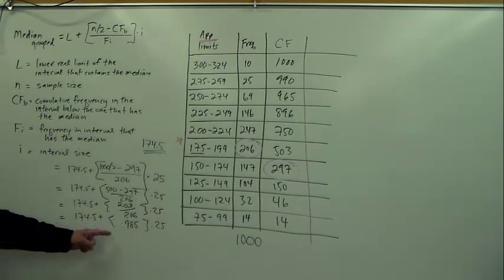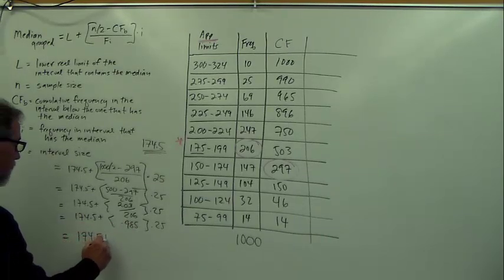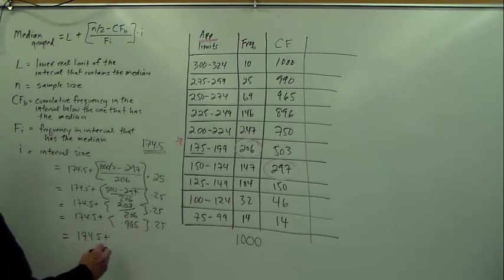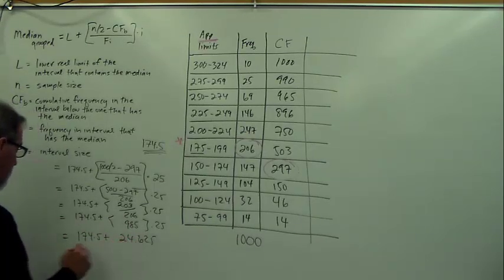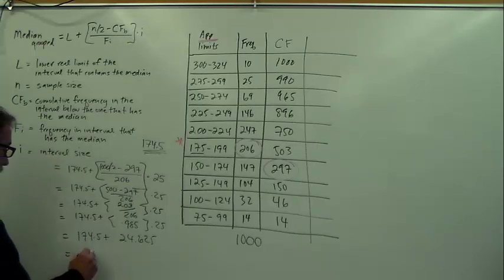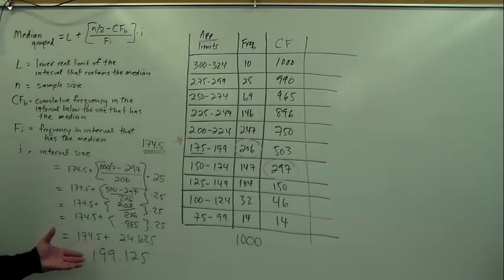And make sure you do the proper operations here. Remember, we always multiply before we add here. So 174.5 plus these two right here is 24.625. And then we add the final two together to get 199.125. That is our solution to the median of group frequency data.